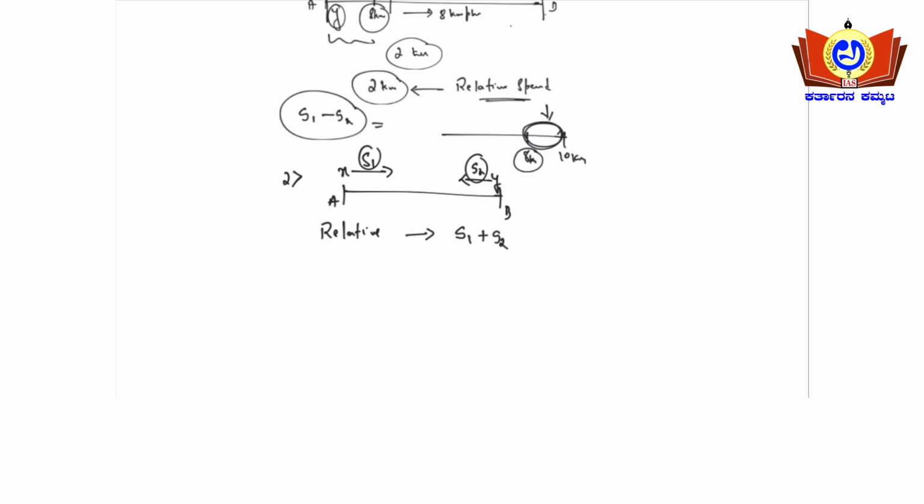S1 plus S2 is the relative speed here. So these are the basic concepts you need to know before solving questions on relative speed. In the next page I'll be dealing with the concept of trains.